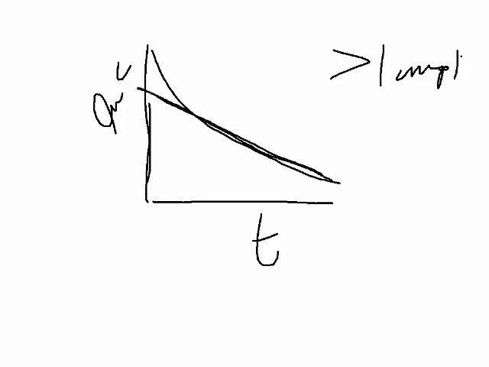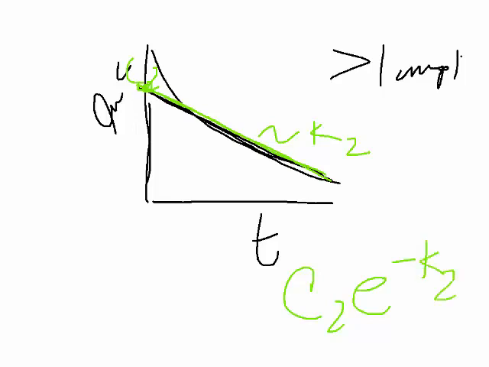The slope of that line and the y-intercept of that line represent our second compartment. So C2 e to the negative K2 t. So this number would be the LNC, so you'd have to take the anti-log to get the C.